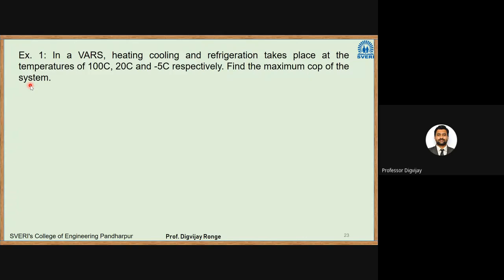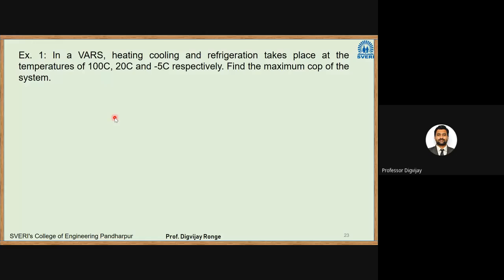Just now we have written the formula of the COP max. So apply that formula and you will get the answer. First of all, you tell me. In COP, we have the formula as TG minus TO divided by TG into TE divided by TO minus TE.